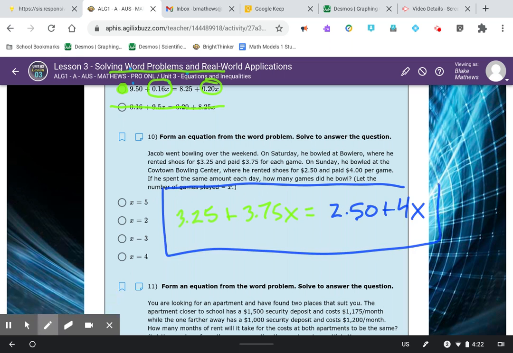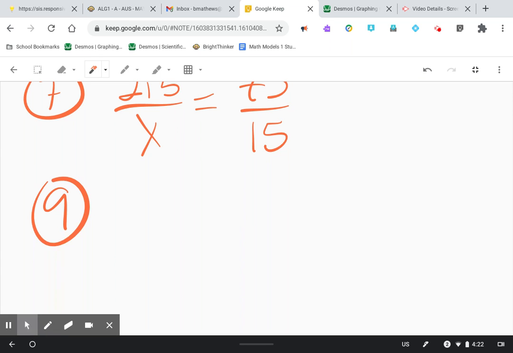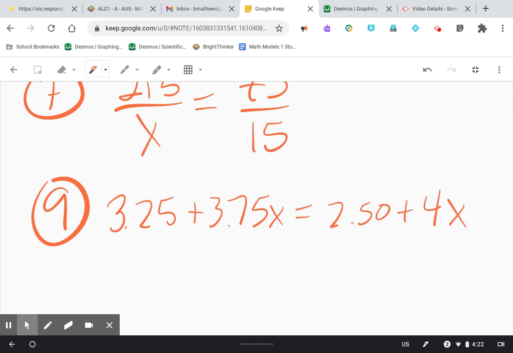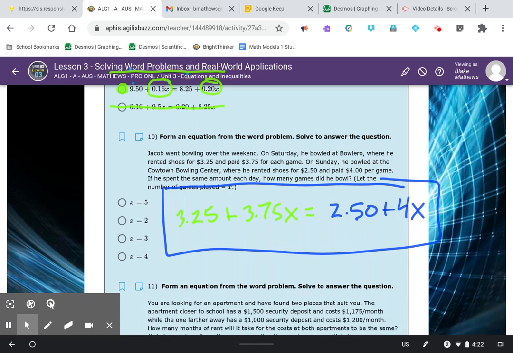So that's your equation right there. Let me move that over to this other thing. $3.25 plus $3.75x equals $2.50 plus 4x. That's not number 9. That's number 10.